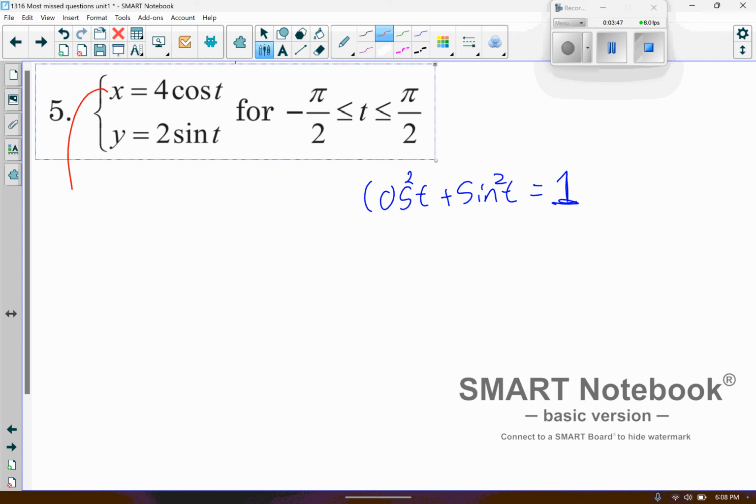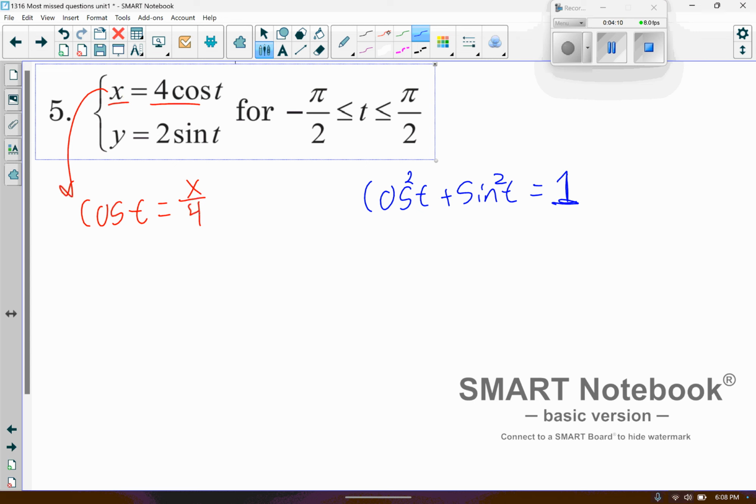Starting with the first one, we would divide both sides by 4, so I'd be left with cosine of t equals x divided by 4. Then you would take the cosine inverse of both sides, and so I'd end up with t is, oh, I'm sorry, I don't want to do that. Actually, that would make it super messy.